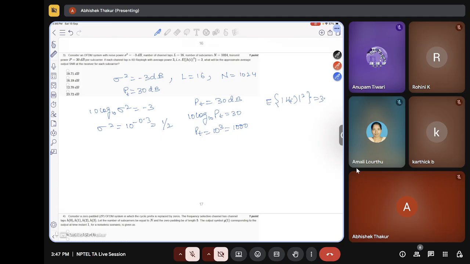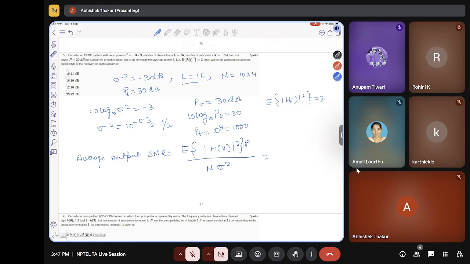So the average output SNR will be expectation of |H_k|^2 P divided by N sigma squared. Now, L is equal to 16, like channel taps.